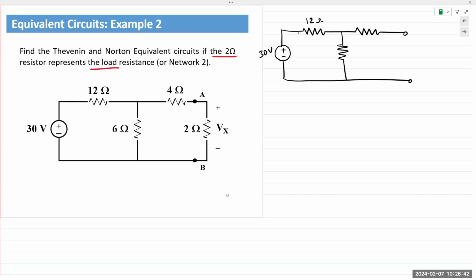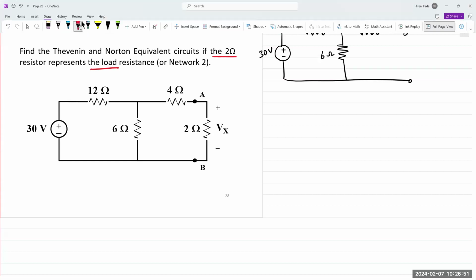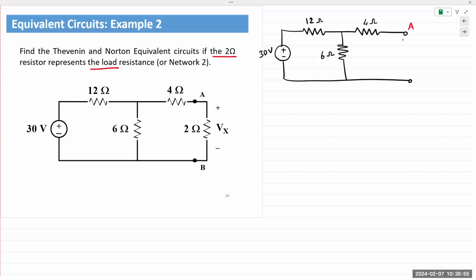This is 12 ohms, 4 ohms, 6 ohms, and terminals A and B. And that's it. This is the circuit we need to analyze 3 times in order to find the 3 quantities.